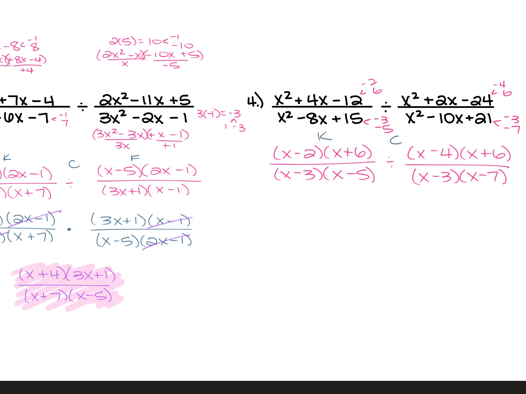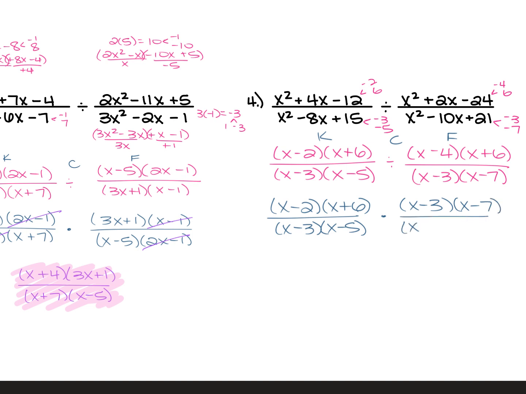Keep, change, and flip to give you x minus 2 times x plus 6 over x minus 3 times x minus 5 times x minus 3 times x minus 7 over x minus 4 times x plus 6.